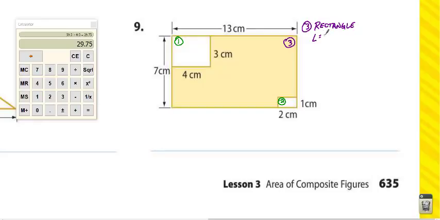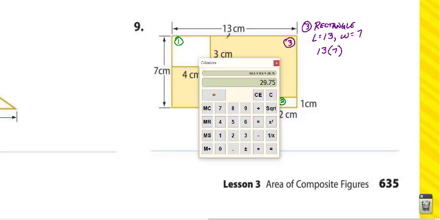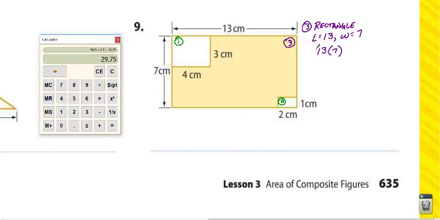So for every rectangle, you need to know the base, 13, or the length, and you need to know the width, that's 7 right there. 13 times 7, 7 times 10 is 70, 7 times 3 is 21. I think this is going to be 91, but let's just double check. There you go, 91 square centimeters.